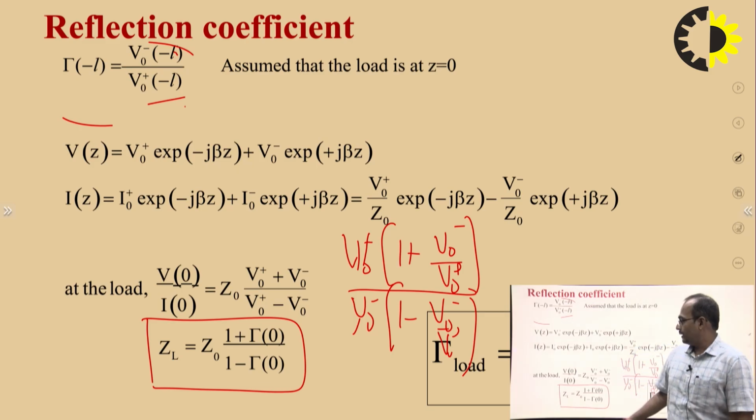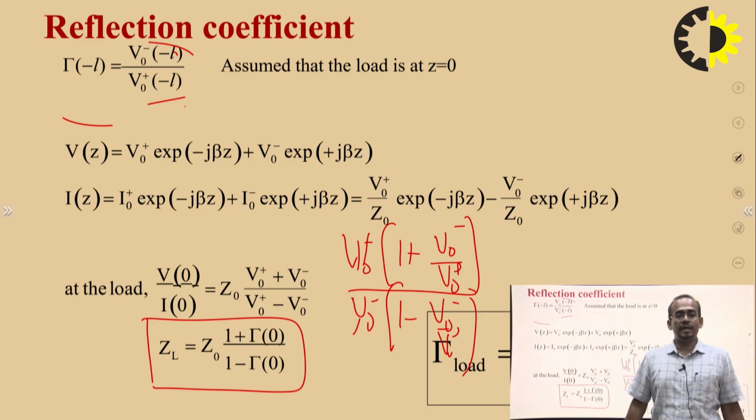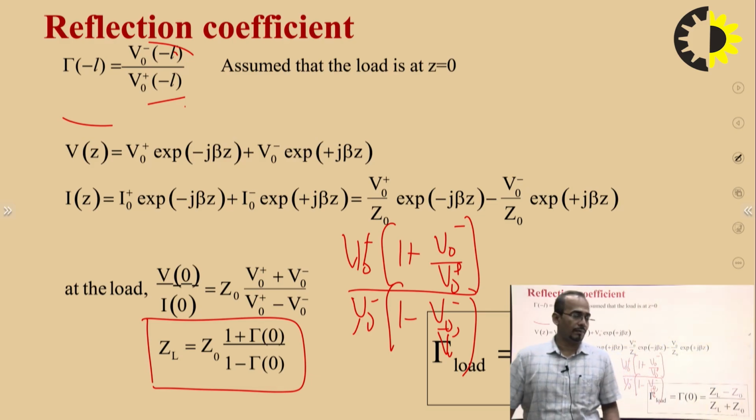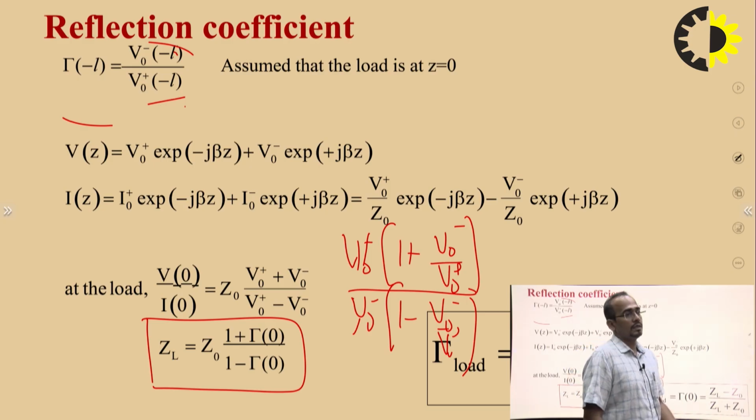So the load impedance will be equal to the characteristic impedance multiplied by 1 plus reflection coefficient upon 1 minus reflection coefficient, where the reflection coefficient at load is Γ0 = (ZL - Z0) upon (ZL + Z0).